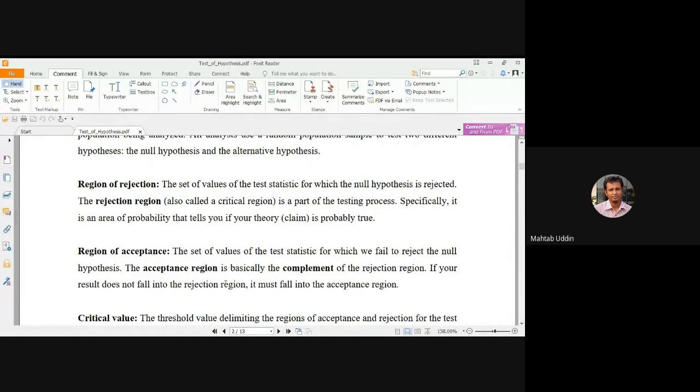Okay, can anyone give me another example on reason of rejection and reason of acceptance? Anyone? Arif, can you tell me one example? Ariful Islam. Arif, are you there? Maybe not. Wahab? Abdul Wahab?